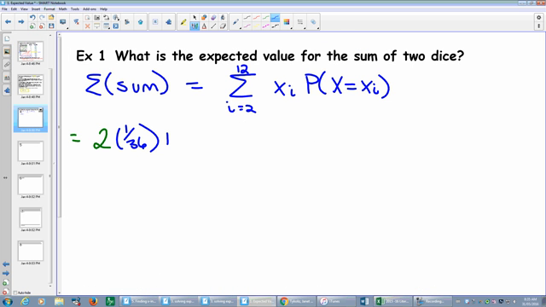I'm going to then add it with, what would be the next number that I can expect? Michaela, can you help me out? Very good. 3 times 2 over 36. Ben, did you get a late flip? Okay. What would be my next one that I have to write down here, Powell? Very good.